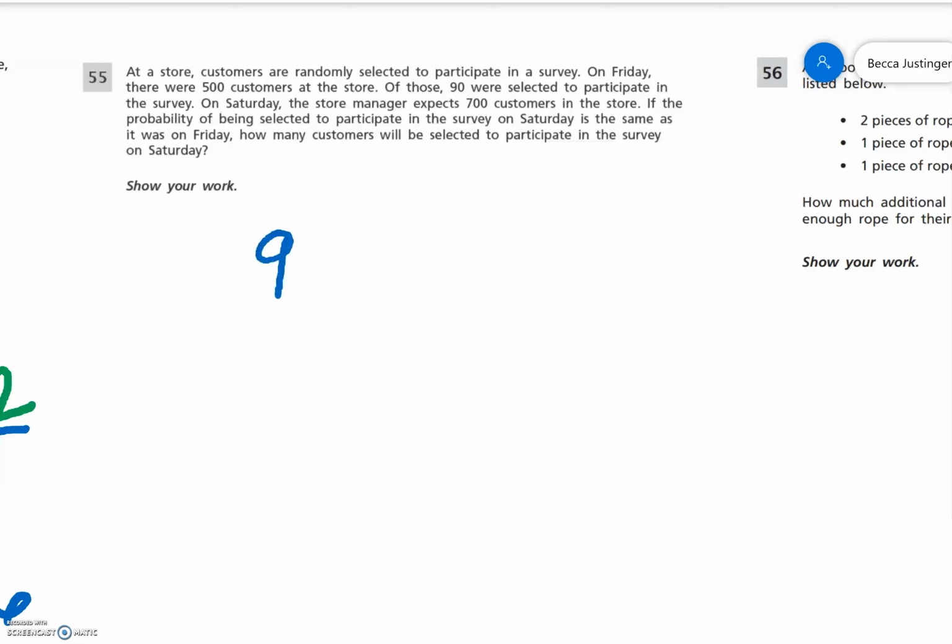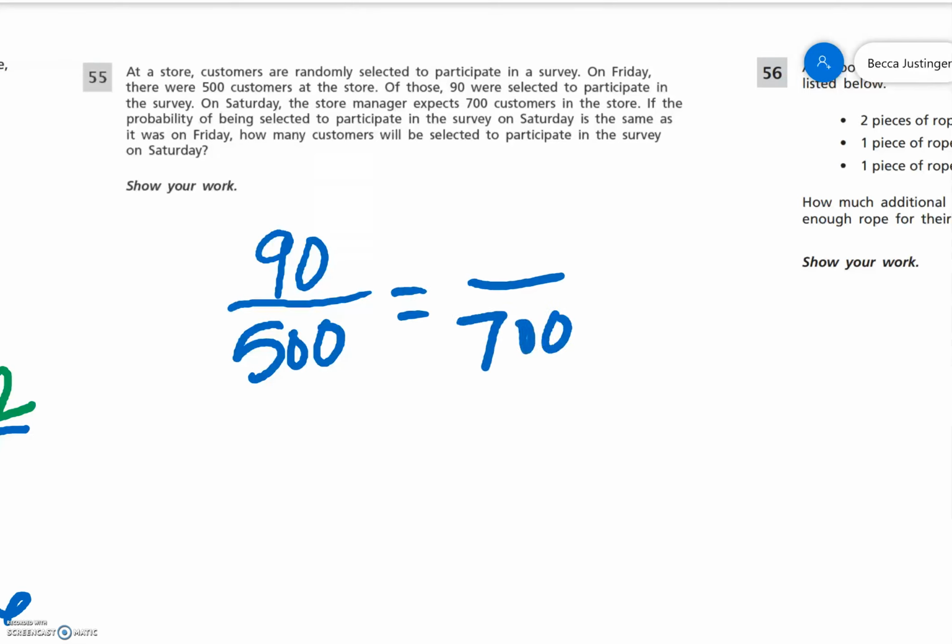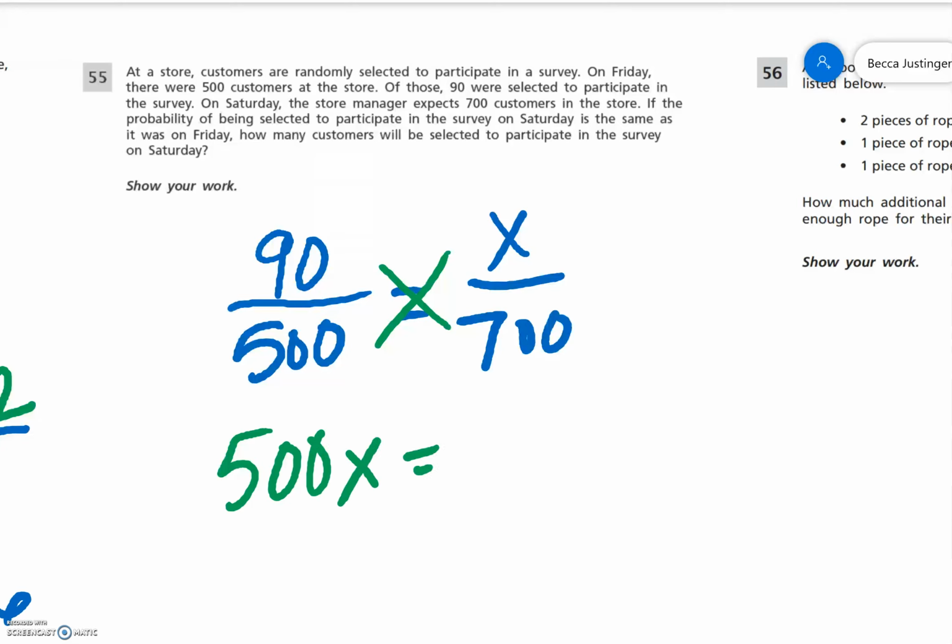So, out of 500, we surveyed 90 of them. So I want to find out how many people would be surveyed if we had 700 customers. Again, cross multiply. 500x equals 9 times 7, 63, plus the zeros.